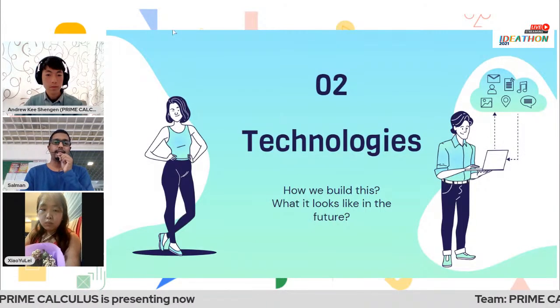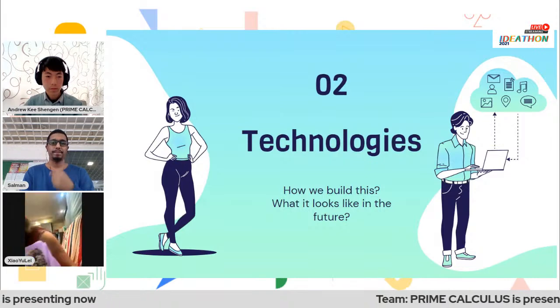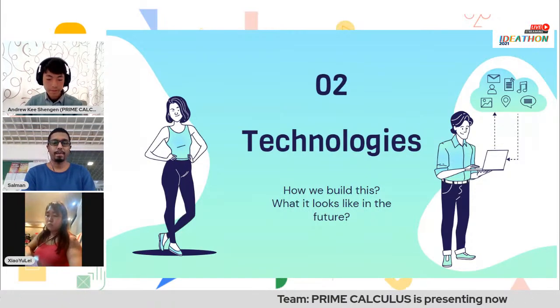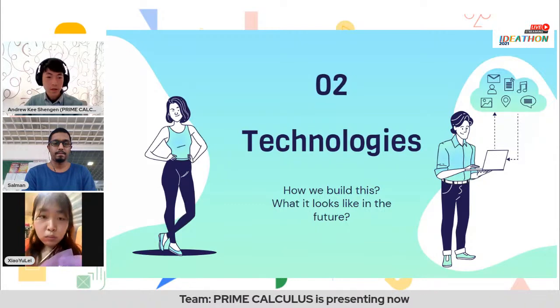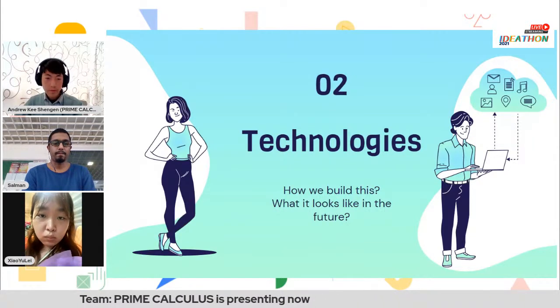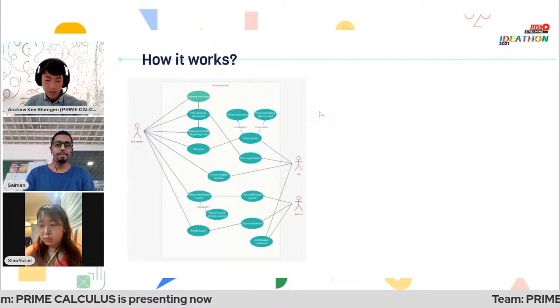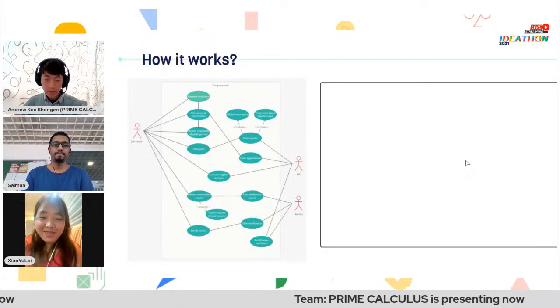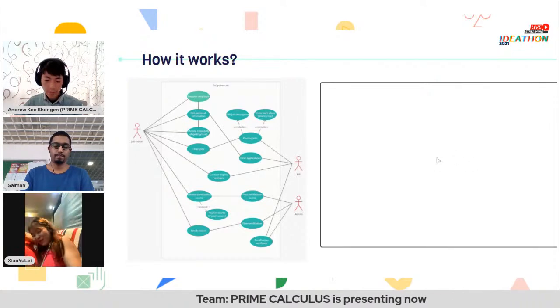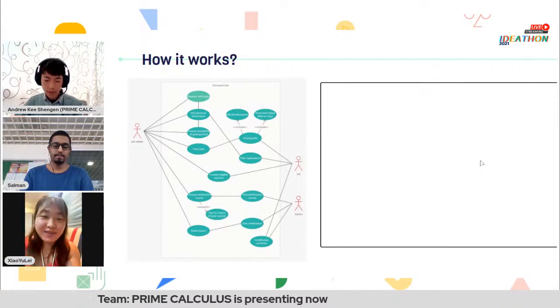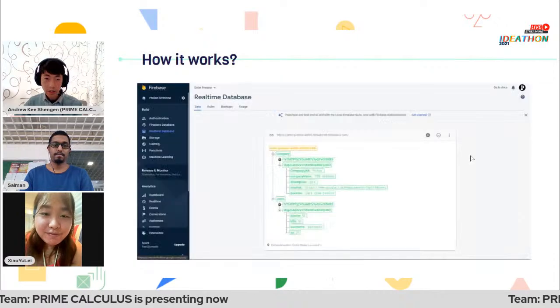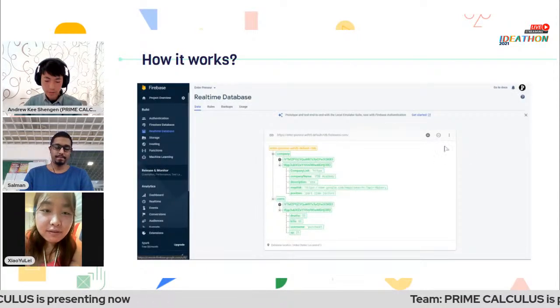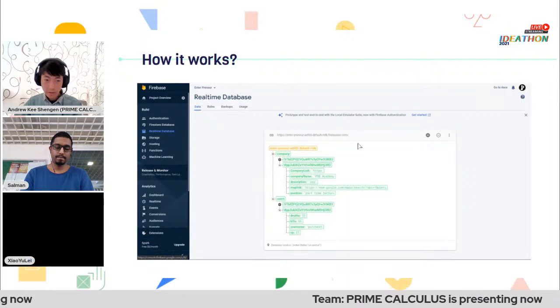So Andrew will be explaining the technological part here. Okay, so for technologies, we're using Kotlin for app development. Now we already have a demo.